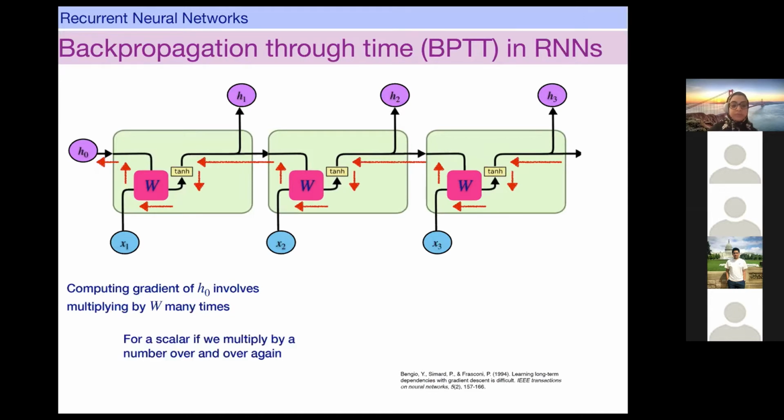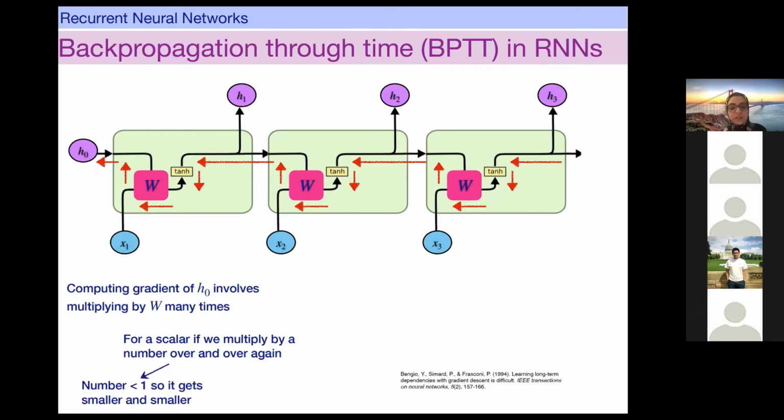If you think of it as a scalar number instead of a matrix, and we multiply by this scalar at every single time step over a really long sequence, what's going to happen?